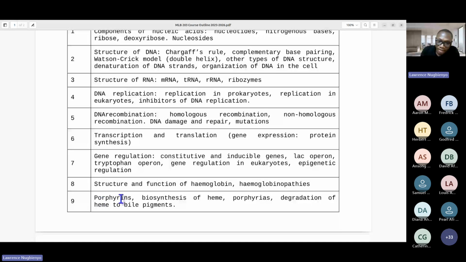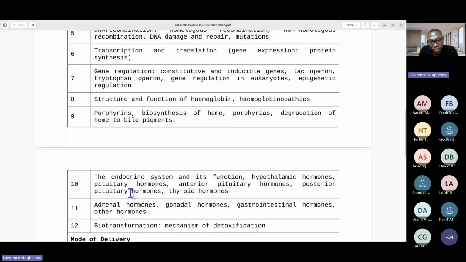So in other words, we are looking at metabolism of the heme, which is anabolism and catabolism. Anabolism being the synthesis, and catabolism being the breakdown of the heme. So we'll look at that. Then we will take a brief look at the endocrine system.